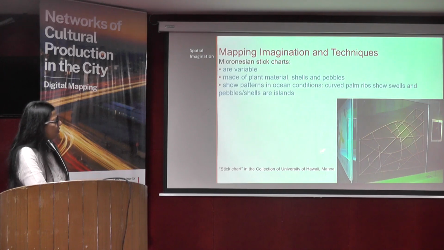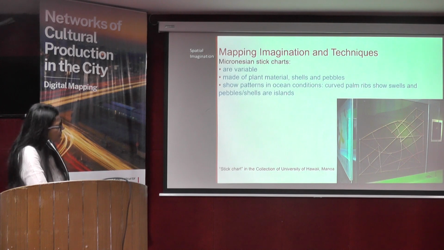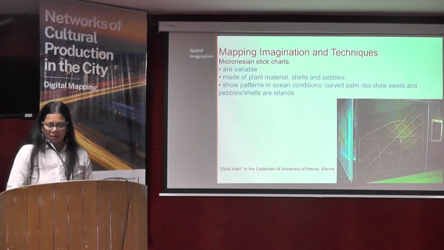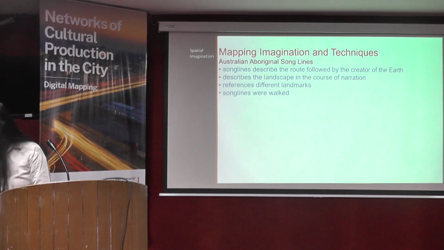So this is Micronesian, they're called stick charts, and they're made of plant materials, shells and pebbles. What they show, and if you don't know the meaning, it will be impossible for you to decipher. They actually show patterns in ocean conditions using curved palm ribs, and they use pebbles, etc., to show little islands.